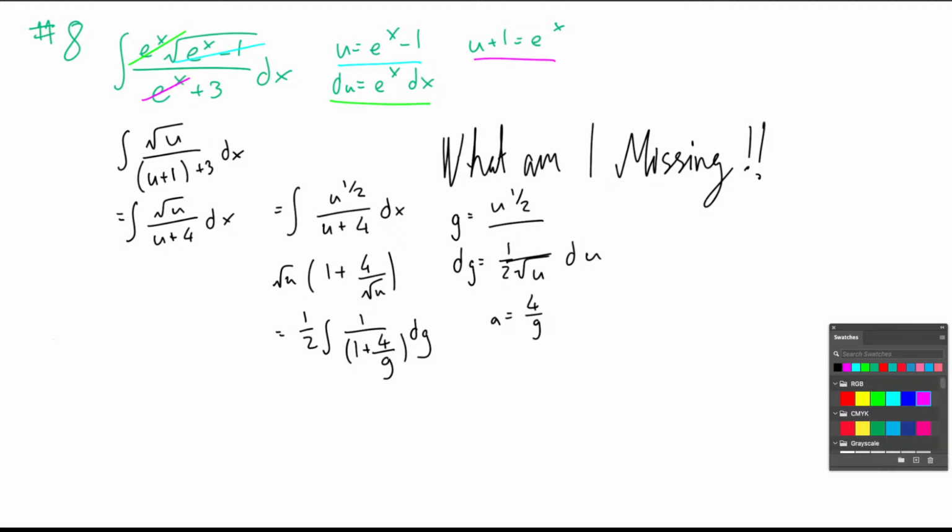Okay, I am struggling. To people who are just joining, I don't know how to do this integral. And yes, if anyone wants to help, that would be appreciated.